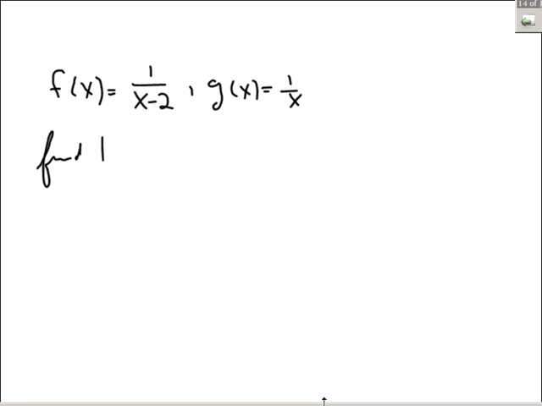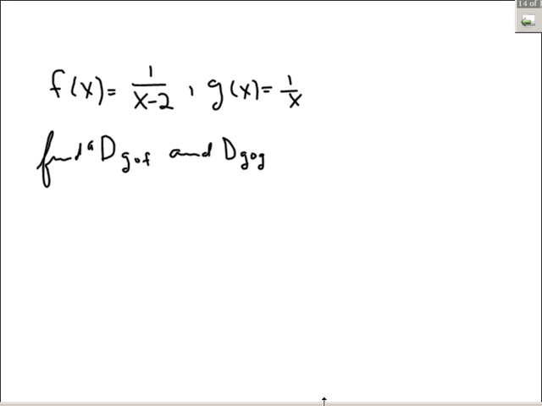If f of x is 1 over x minus 2, and g of x is 1 over x, find the domain of g circle f and the domain of g circle g.